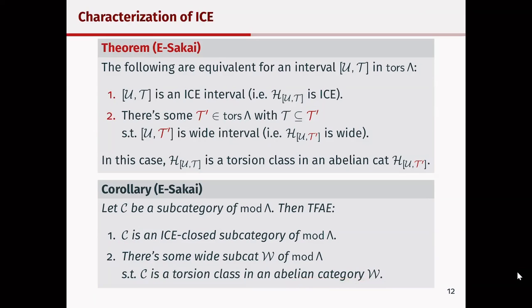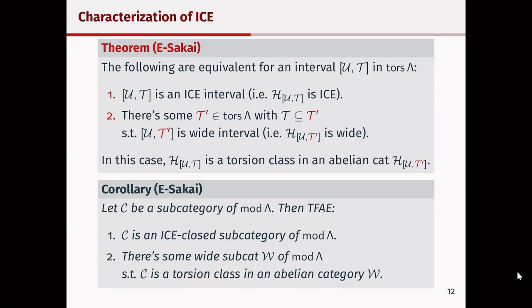This is a little interesting because it's easy to see that every torsion class in some wide subcategory is ICE closed. It's very easy to check.